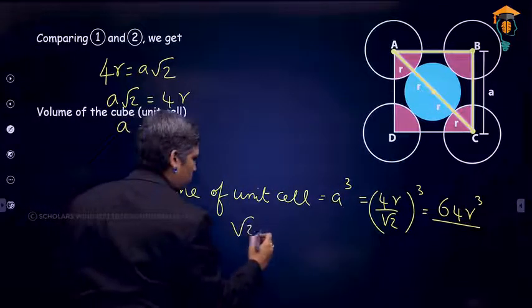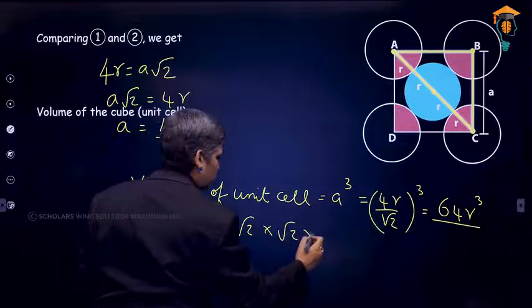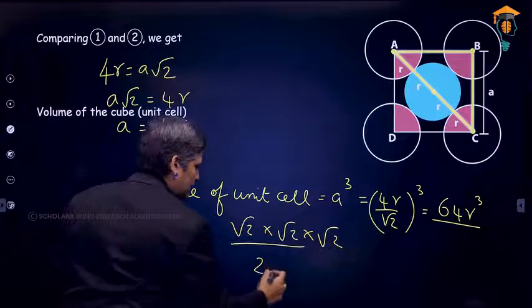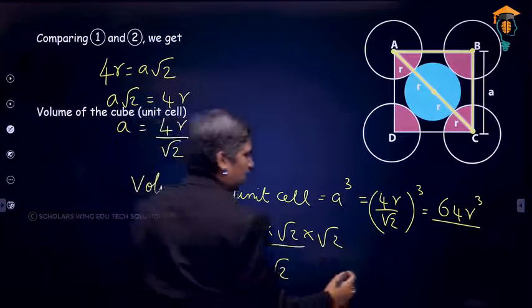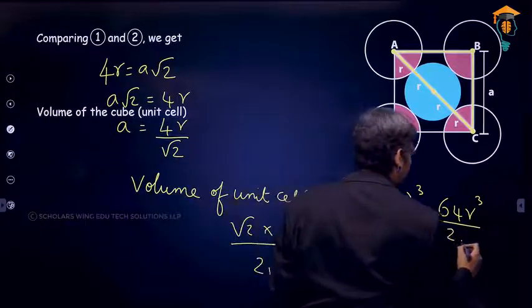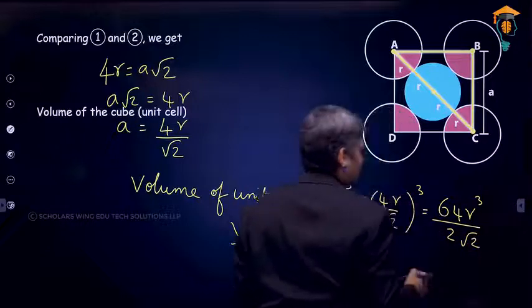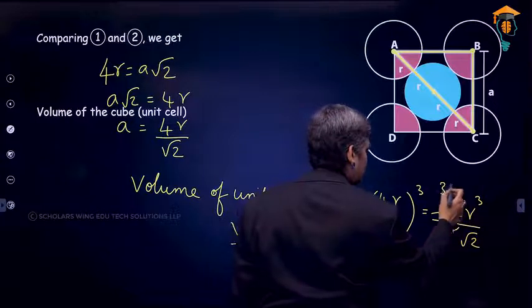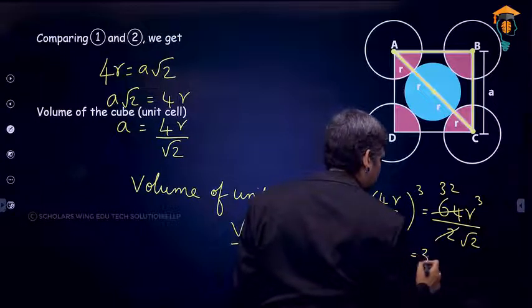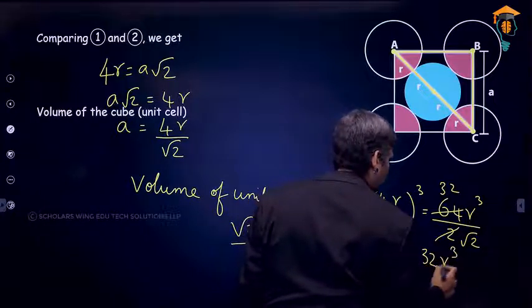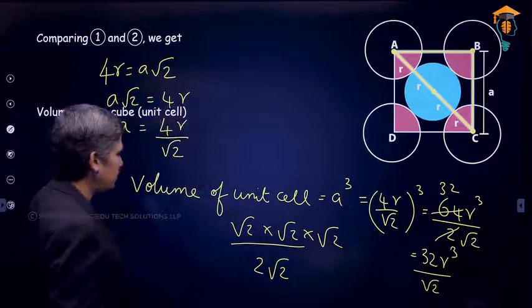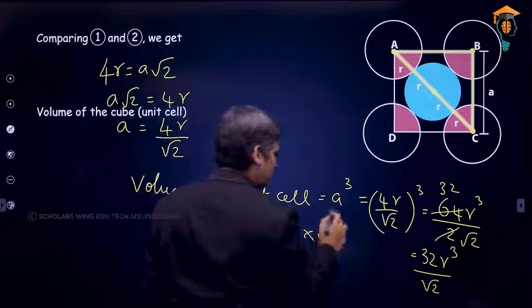It is root 2 into root 2 into root 2. Root 2 into root 2 is 2. So, this is 2 root 2. So, this I think we can simplify here. 2 ones are 2, 32s are. So, this will be 32 R cube by root 2. What is this actually equal to? Volume of the unit cell. Okay.